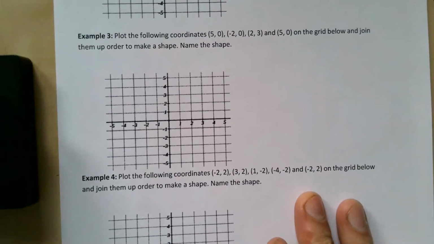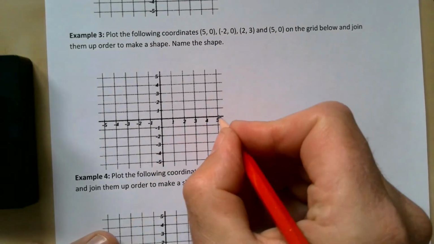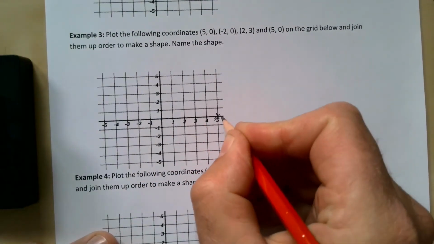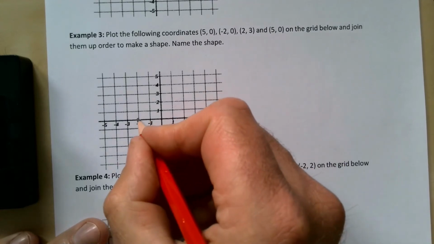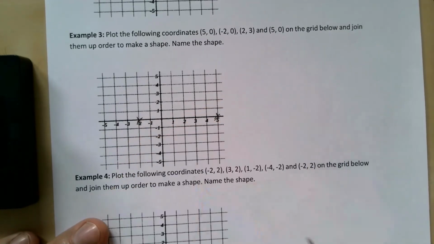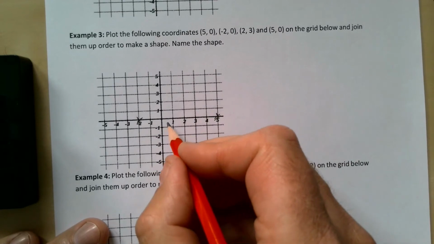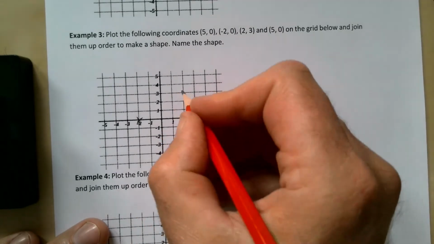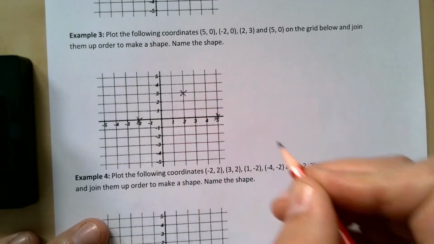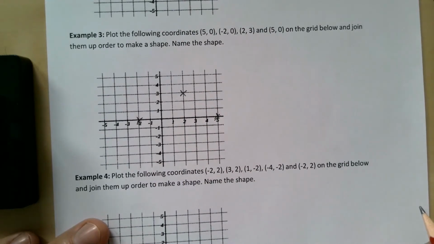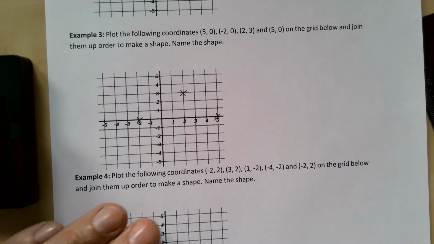Let's move on to our second one. 5, 0. Minus 2, 0. 2 across and 3 up. And 5 across and 0 up.